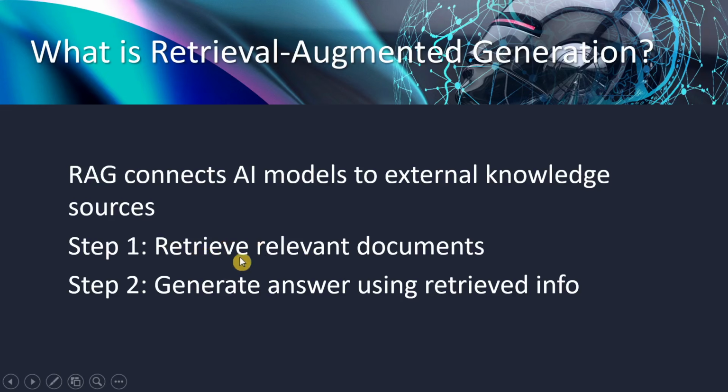It will query the internal documents, and then the LLM will generate the response using the retrieved info. So it retrieves from the internal sources, then augments, and then the LLM generates. That is what RAG is all about.